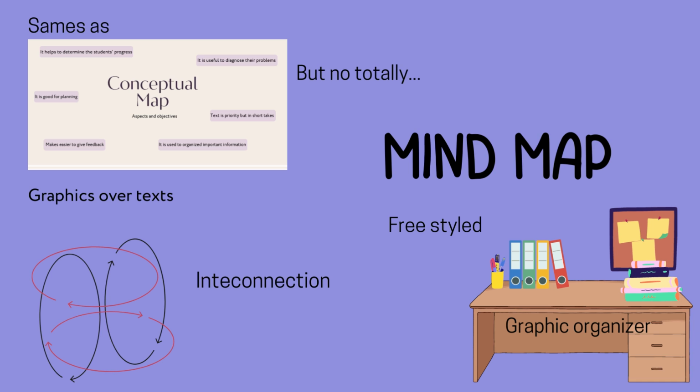Some characteristics of mind maps are the following. Organization: the information must be organized in such a way that it follows the movement of the hands of the clock. Association: no information can be left in the air. That means that every element included in a mind map must always connect to other information.